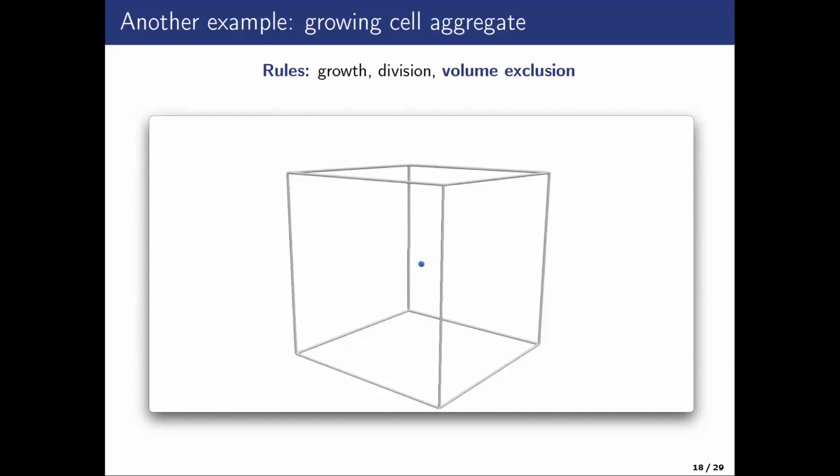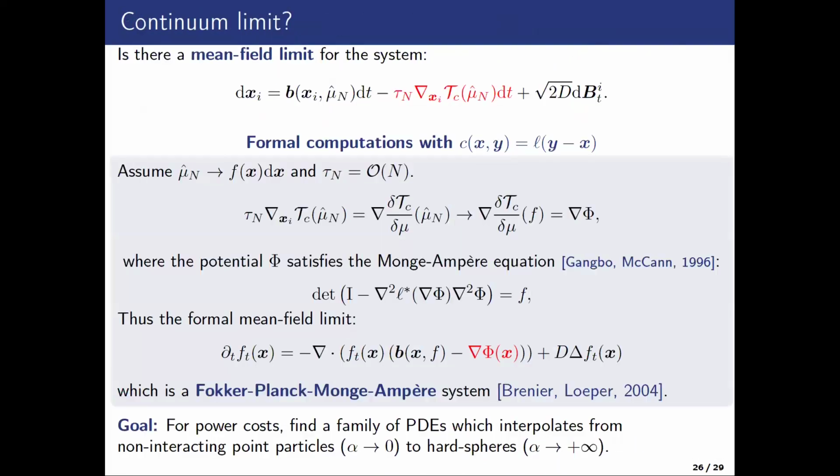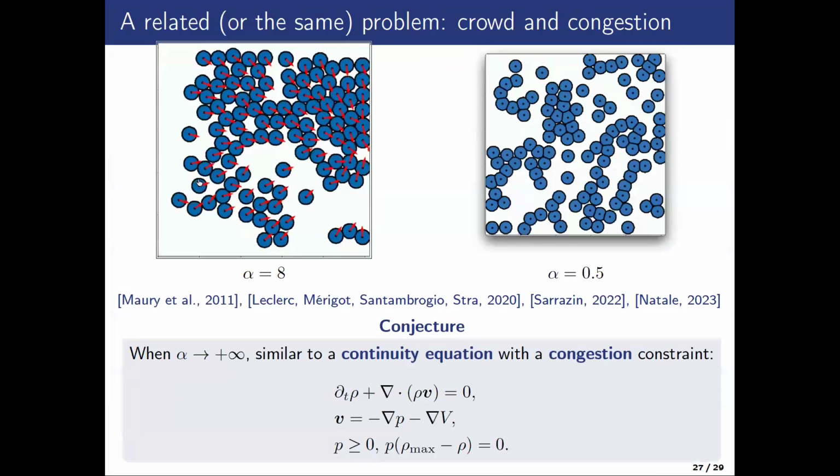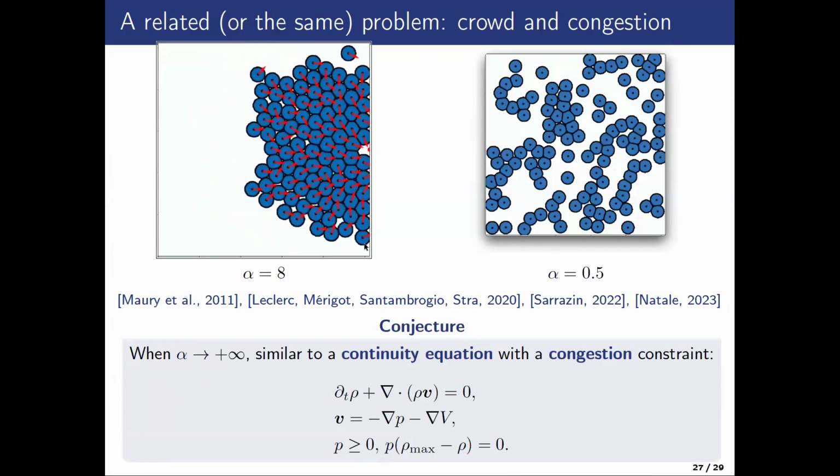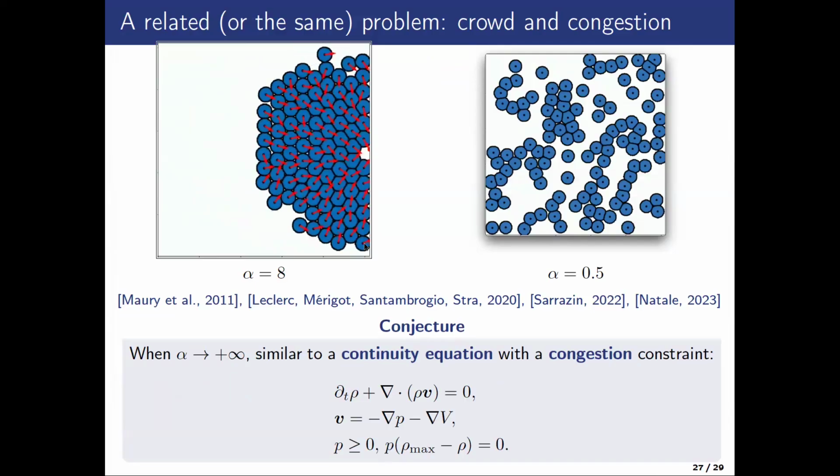Can you show us the slide with the bubbles trying to escape through the hole? Yeah, the very last slide. This one? There are people working on people escaping a room during an emergency. So I guess you could estimate the alpha for real people.